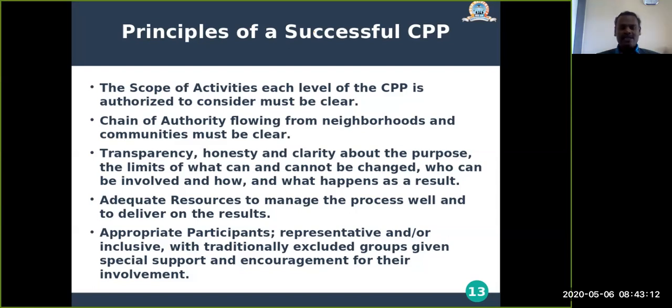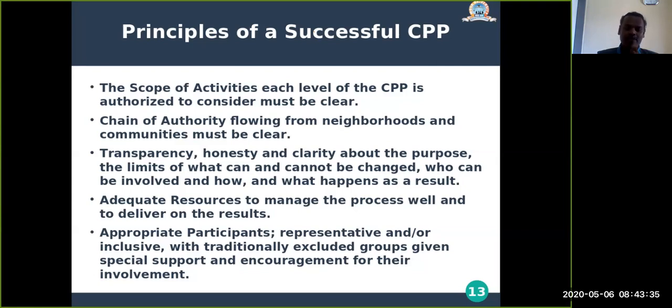Then you need to maintain transparency, honesty, and clarity about the purpose and the limits: what can be done, what cannot be done, who can be involved, how they are going to be involved, and what happens in the end result. Then you need to allocate adequate resources to manage the process well and deliver the results.